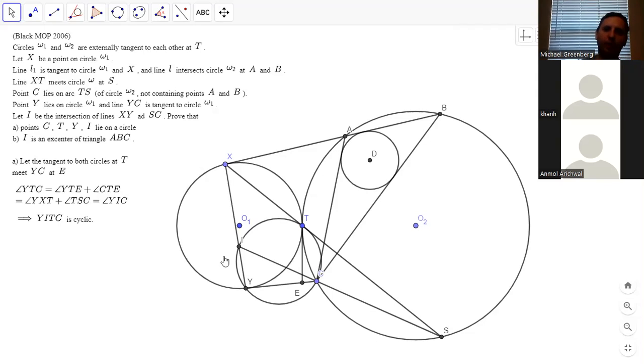So we want to show AI is an angle bisector here. I guess there's two strategies. One is to use the incenter-excenter lemma. The other is just to show that it lies on angle bisectors, right?